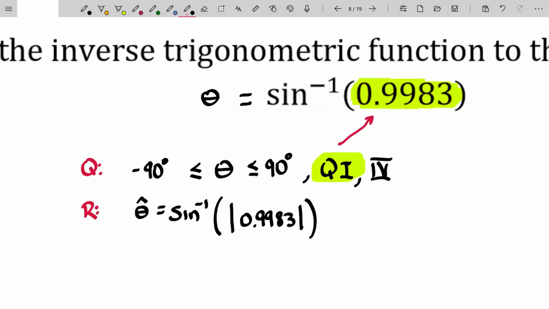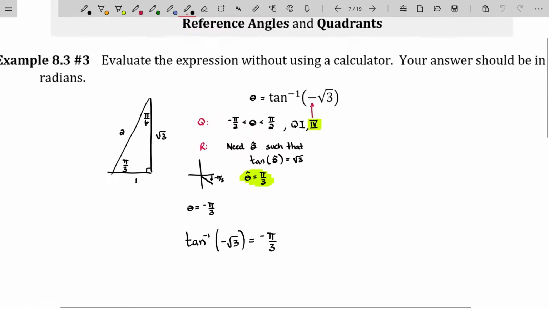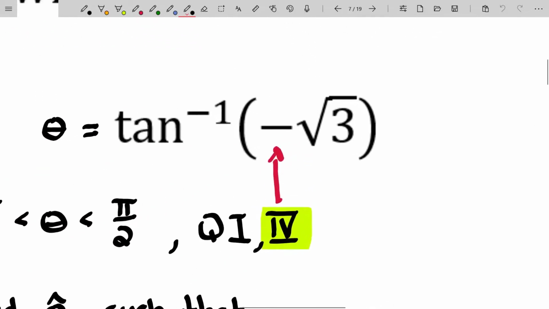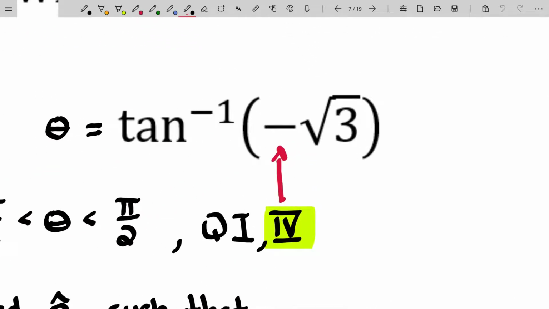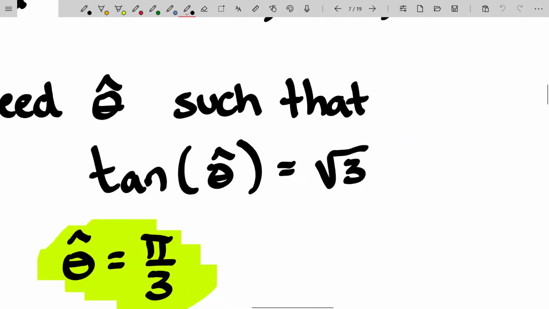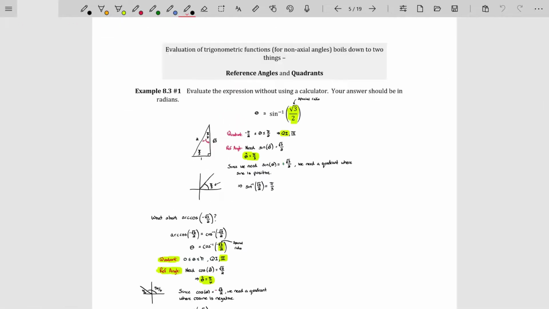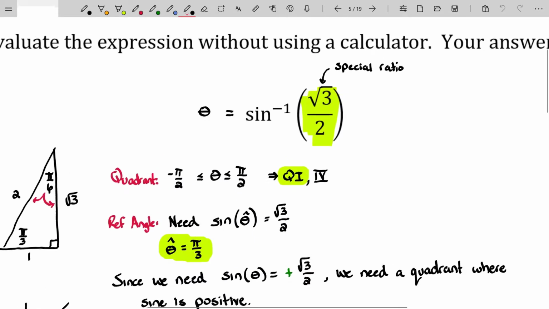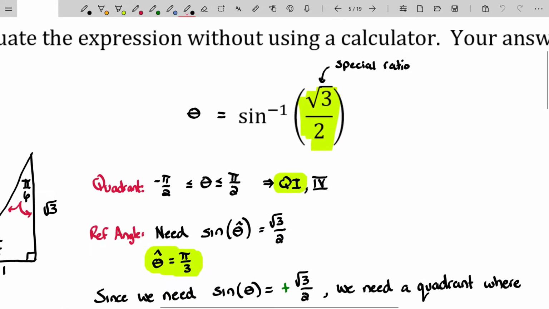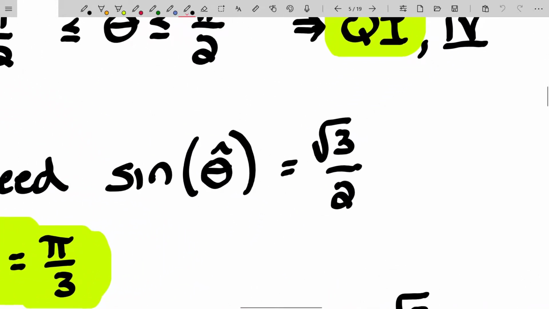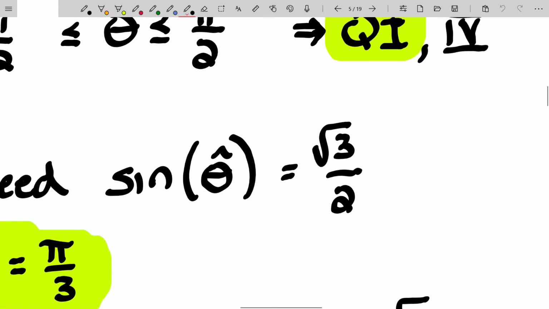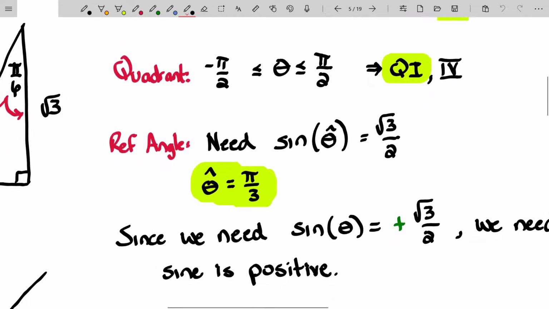When you find reference angles, just like we did in all the previous problems, when we found the reference angles for something like tan inverse of negative root 3, I looked at the root 3, not negative root 3. And in the example one back, with the sine inverse of root 3 over 2, I looked at root 3 over 2, which is the absolute value of root 3 over 2, to find my reference angle.